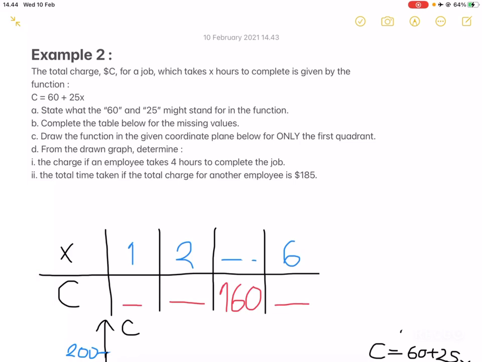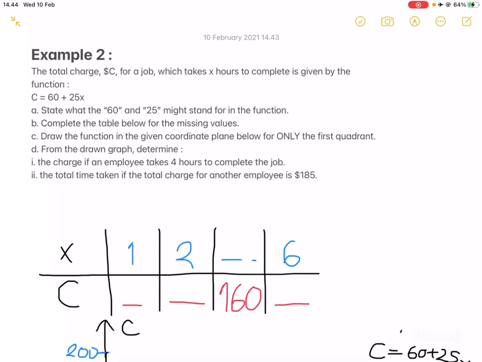We know that X is a variable and 60 is a constant. So what that means is probably 60 is the fixed value. It's probably like the fixed charge, you're given $60, something like that.